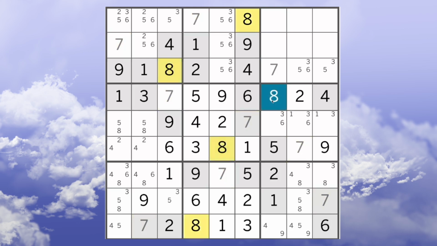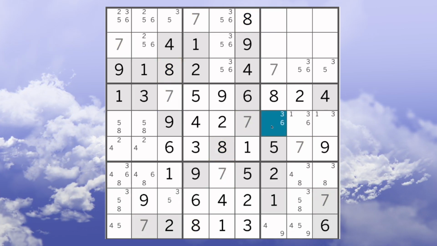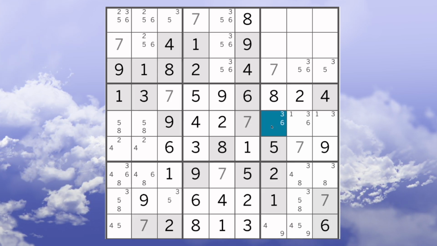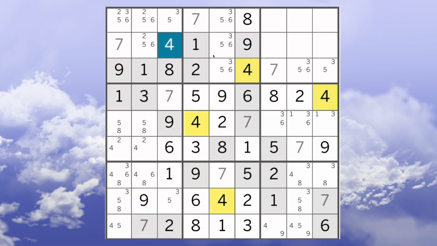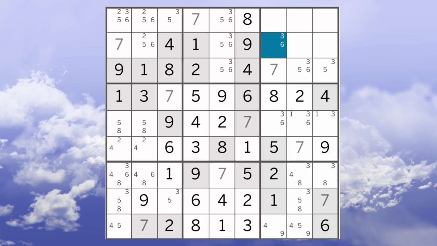Let's finish this column here. So we need a 3, 6, 4, 9. Okay, I have a 4, 9 here, which means that has to be a 3 or a 6.